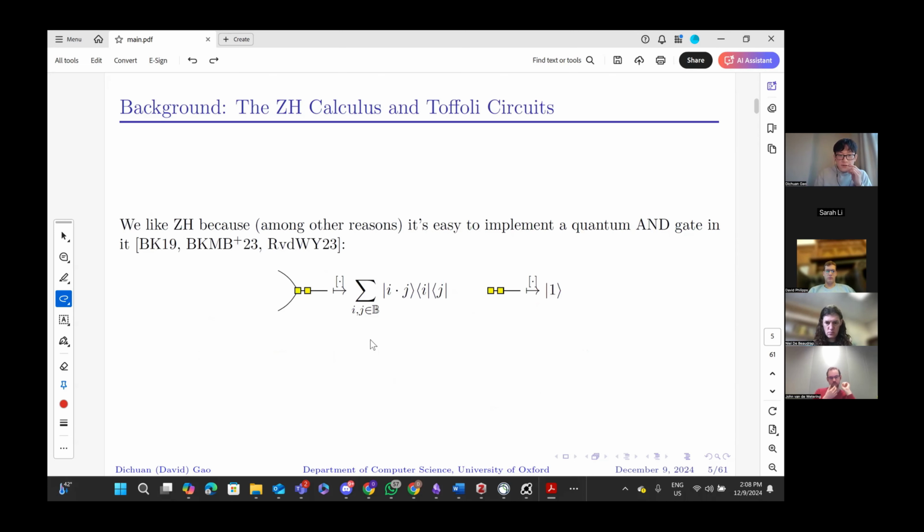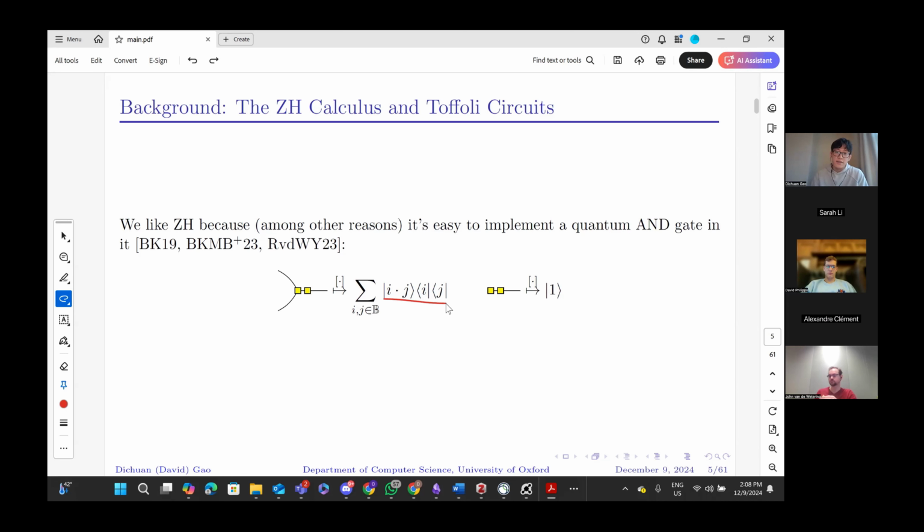Now, we really like the ZH calculus for many reasons. But one of these reasons that's important to me is that it's easy to implement a quantum AND gate. When I say a quantum AND gate, I mean a gate that operates on the computational basis as the logical AND.